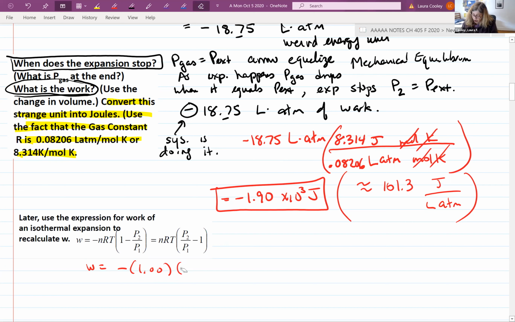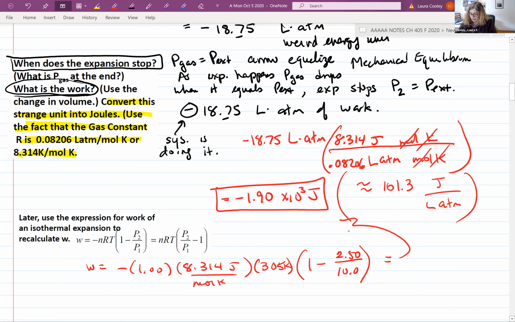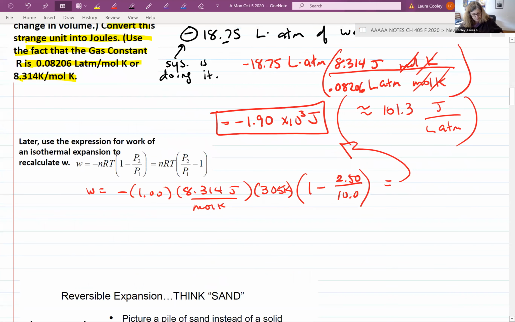And now for R, if you use the number in joules, and then, sorry, I forgot the temperature, 305, 1 minus P2, which is 2.50 over 10, and it comes out to the same thing. Okay, so there's many ways to handle some of these problems. All right, so that is an example.